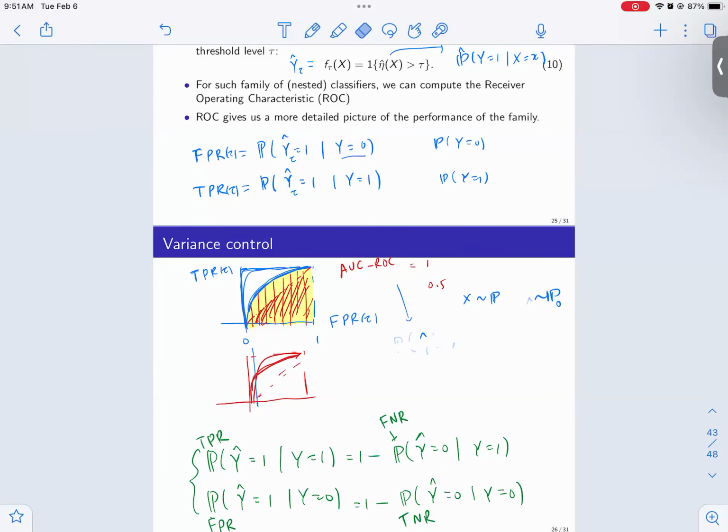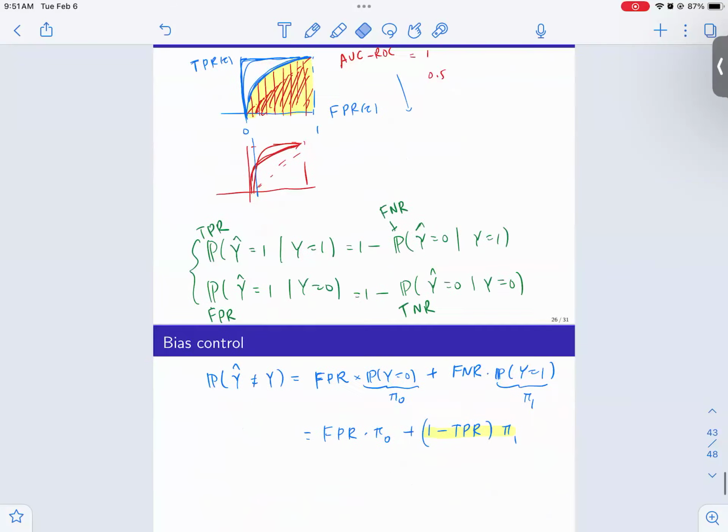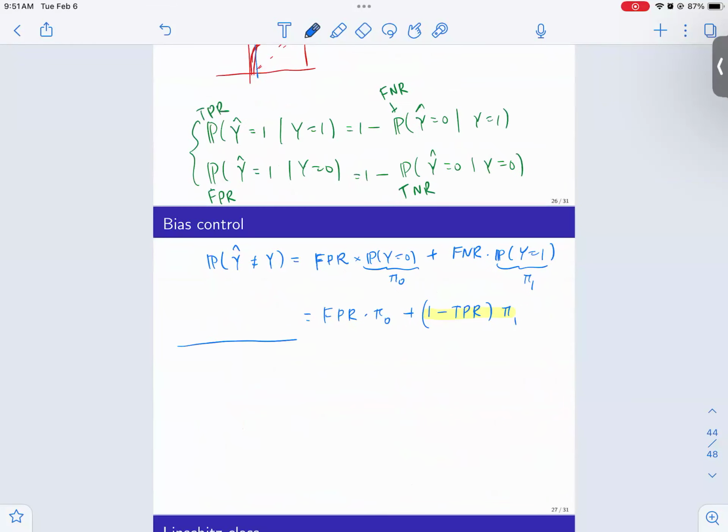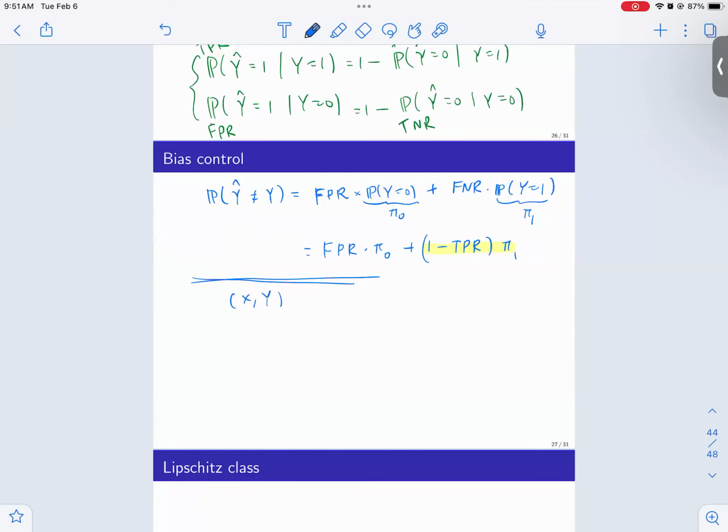Let me go down here. I don't know if I introduced this notation, but one way to model the joint distribution of X and Y is to specify the density of X given Y equal to 0, and the density of X given Y equal to 1.